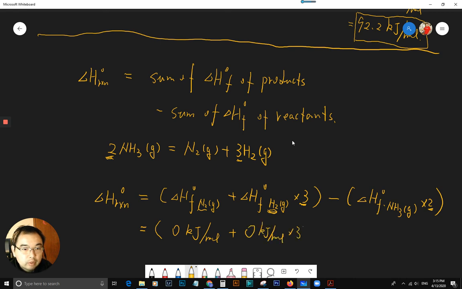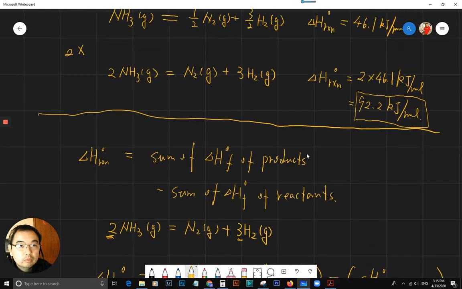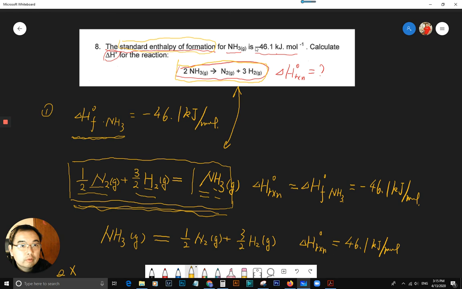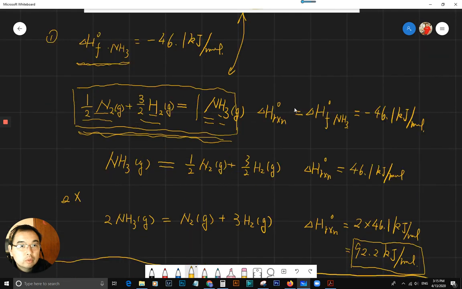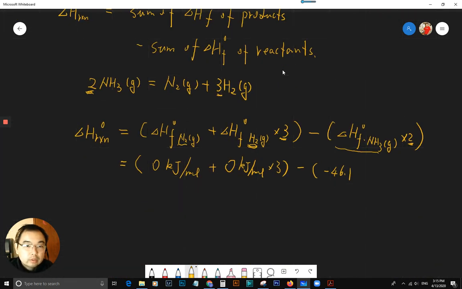When we multiply by 3, then we minus the enthalpy of formation of ammonia that we already have, which is negative 46.1 kilojoule per mole, times 2.